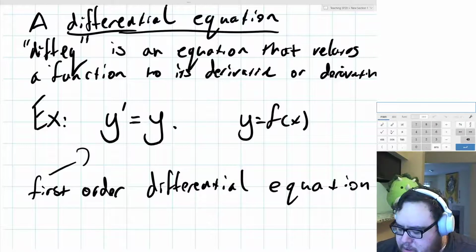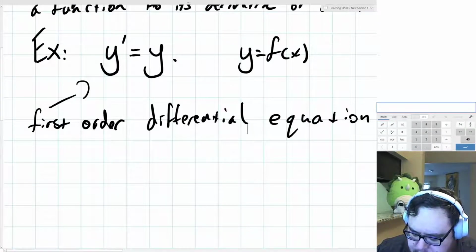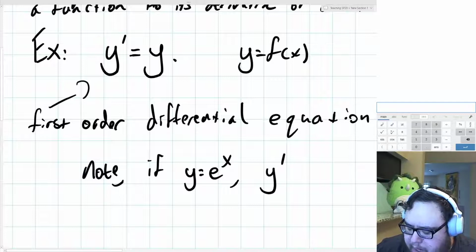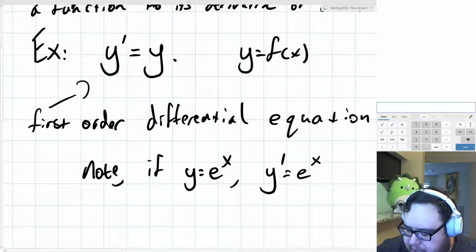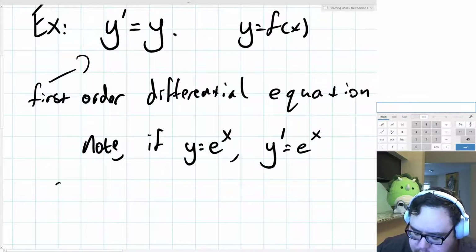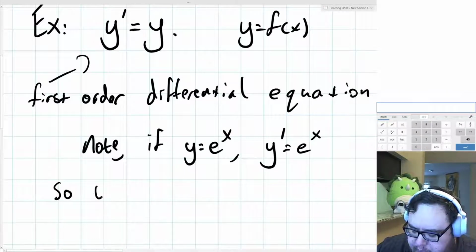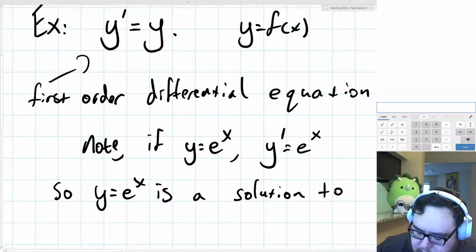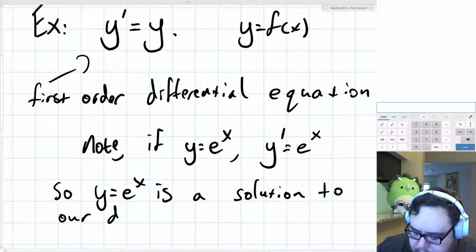Yeah, because if y is equal to e to the x, then what's y prime? It's also e to the x, right? So if y is e to the x and y prime is e to the x, then this is a solution. So y equals e to the x is a solution to our differential equation.